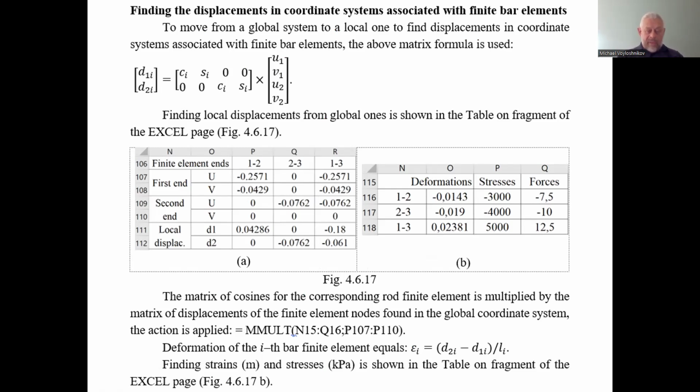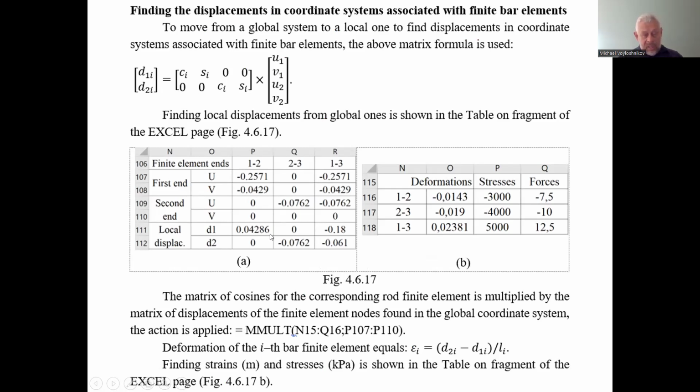So we have other cosine matrices for each finite element, and we have to find, due to the formula, the transformation by the product of the cosine matrix of each finite element to the vector of displacement of the nodes u, v of each finite element in the global coordinate system, and we will have the displacement in the local coordinate system.